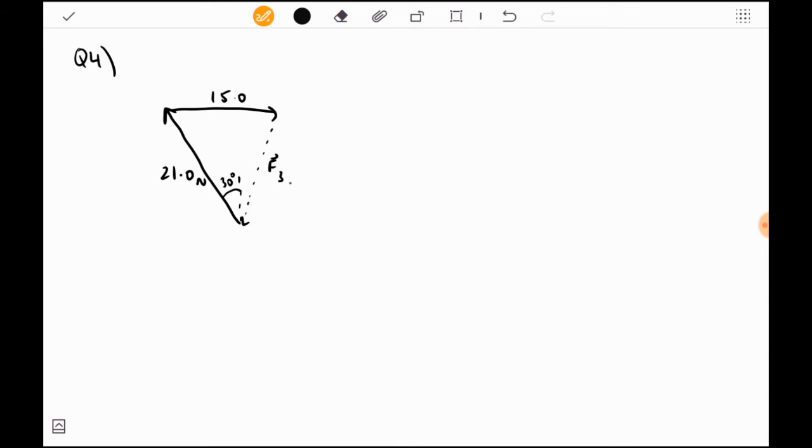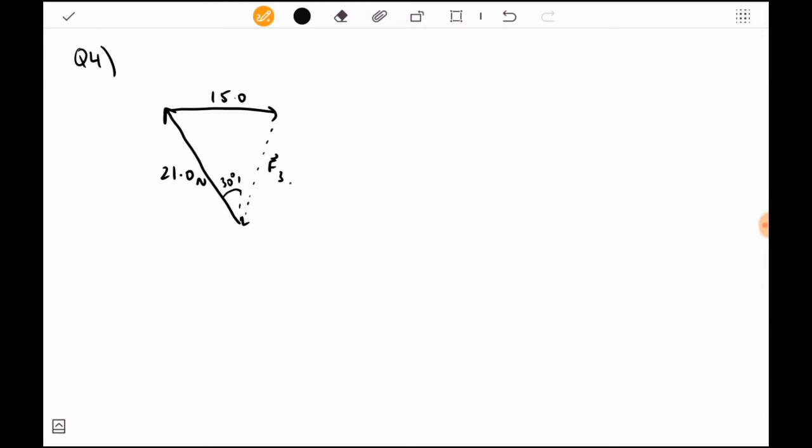So first up, we want to find the magnitude of F3, because that's normally the best way to start. To do that, we're probably going to want to have a bit more information. Often because we know the magnitude of two vectors, we know two sides of the triangle.